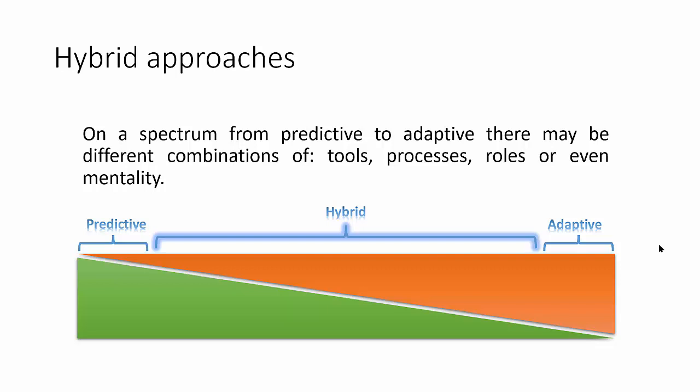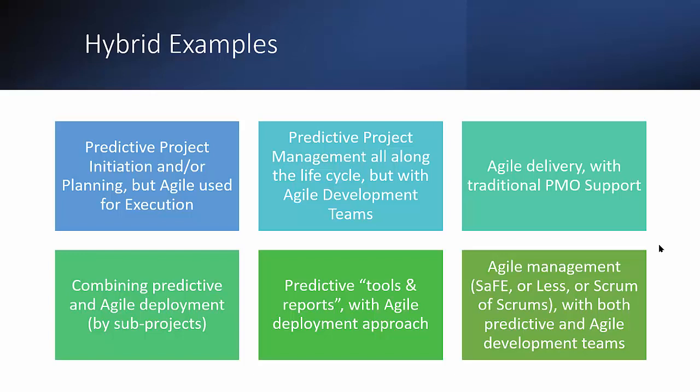And let's have a look at a few examples of hybrid approaches, right? So, for example, you can have a hybrid approach where the whole project planning part, the initial stages of the project, are done in a predictive manner. We plan in detail what we are going to be doing, but then we use Scrum, for example, to roll out the execution, right?